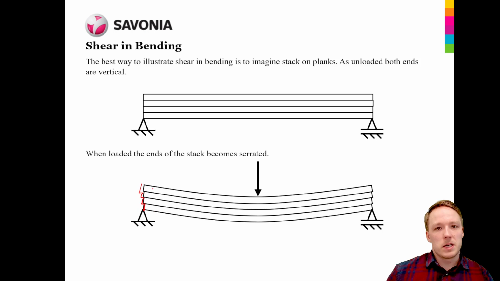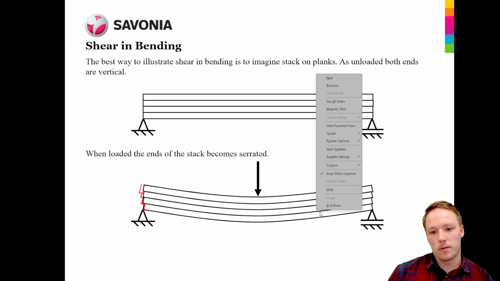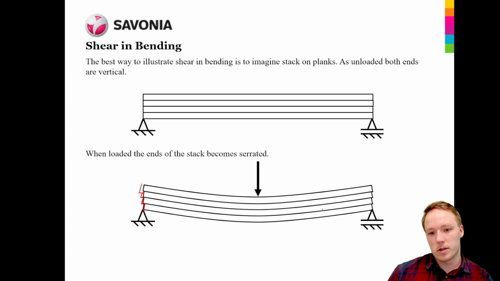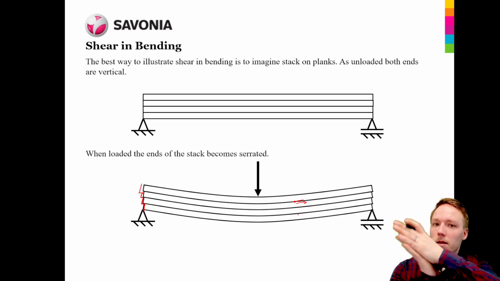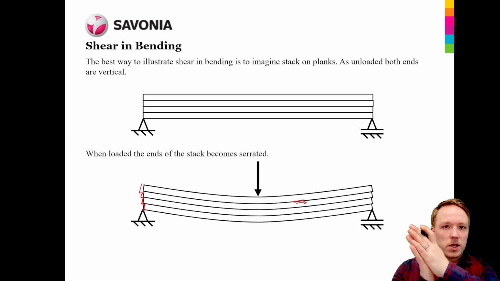When we have these wood beams glued together, instead what happens is that within the layers of the wood, we will be having shear stress trying to shear those planks apart from each other.